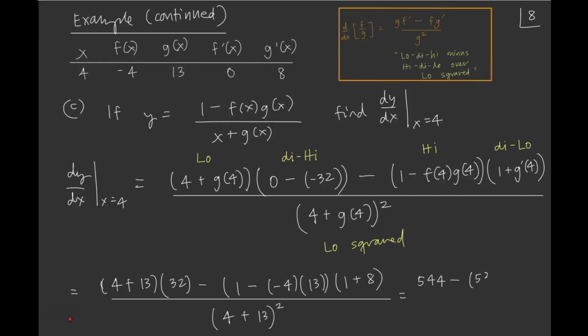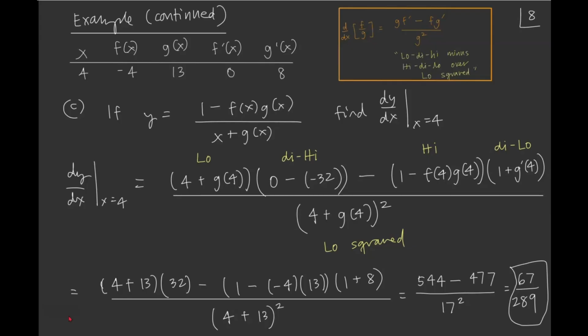That's 53 times 9. And 53 times 9 is going to be 477. So minus 477 all over 17 squared. So 544 minus 477 is 67 over 17 squared, 289.